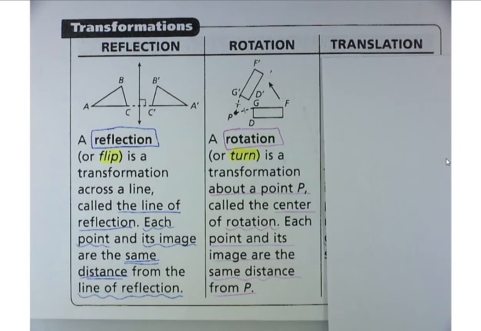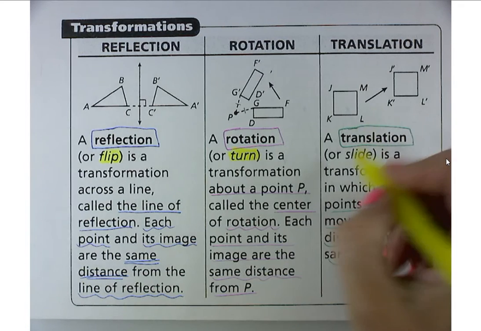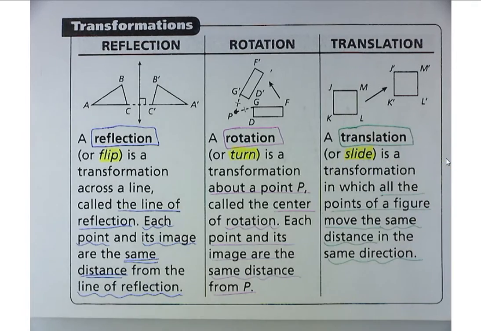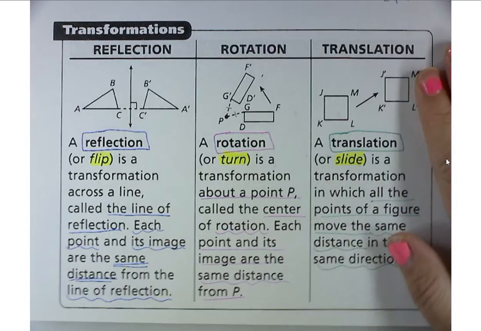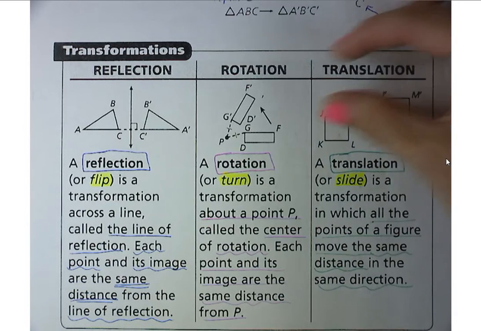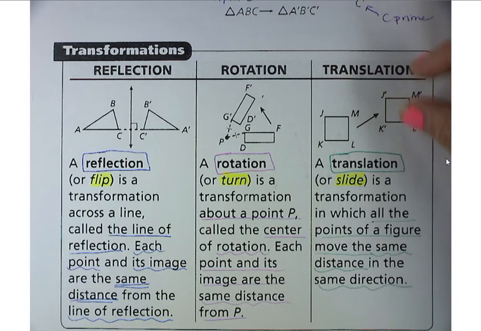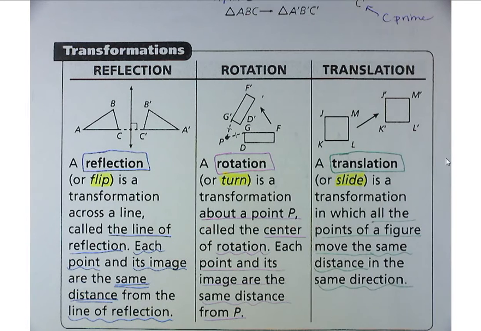Okay, and then the last one is a translation. Okay, and a translation or a slide. So it is exactly as you would think. You could just slide this across the paper. If this was an object that was 3D, you'd be able to slide it on top of the translation.